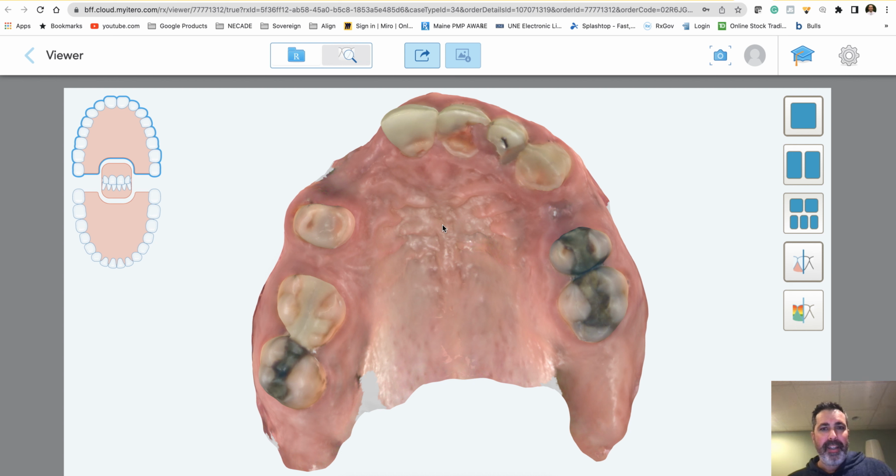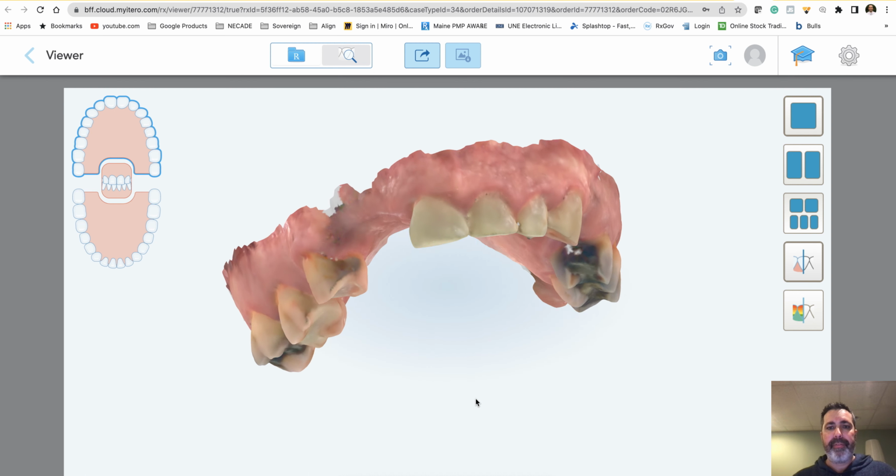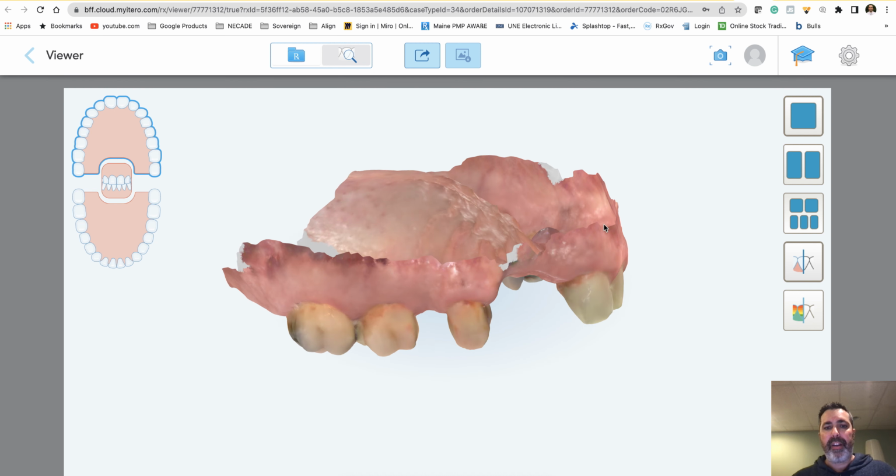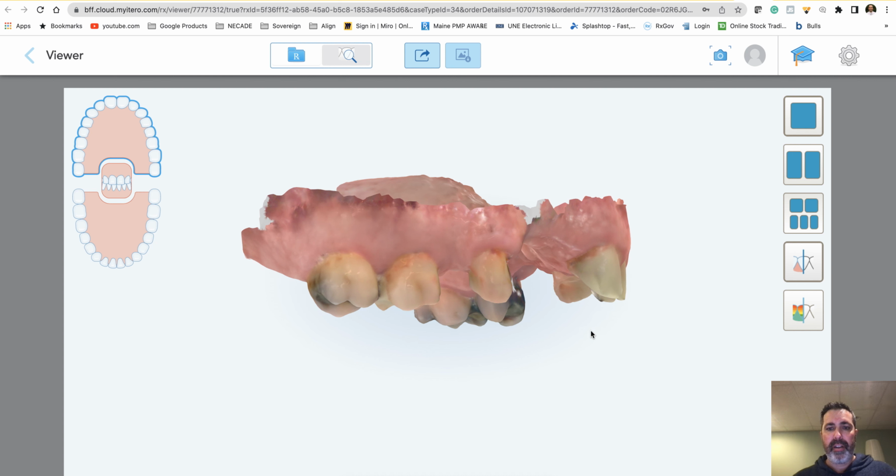All right. So the reason why I think it's important to know the classification is that different classifications have different risk profiles and problems associated with them. Kennedy class 3s cross the midline, and when you cross the midline, you're likely to have a sagittal rotation, this way, counterclockwise.